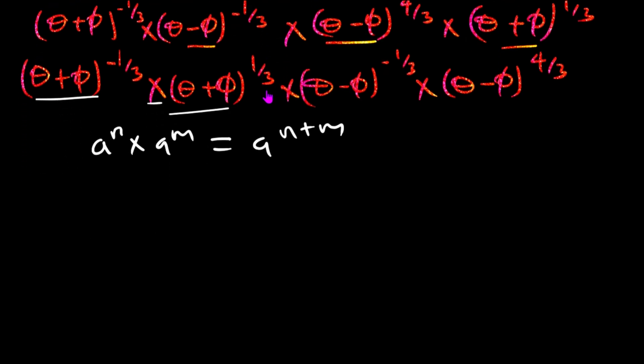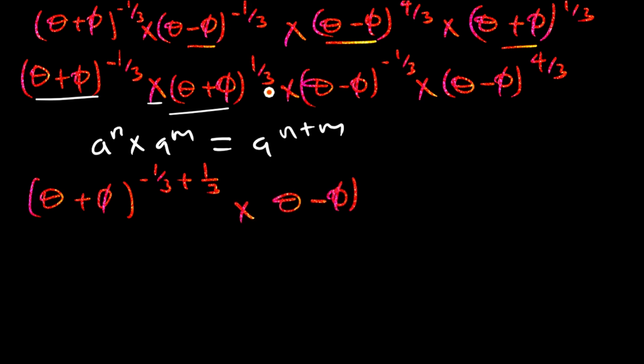So for the first case, we have (θ + φ) now raised to power negative 1/3 plus 1/3, times (θ − φ) raised to power negative 1/3 plus the other one, which is 4/3.